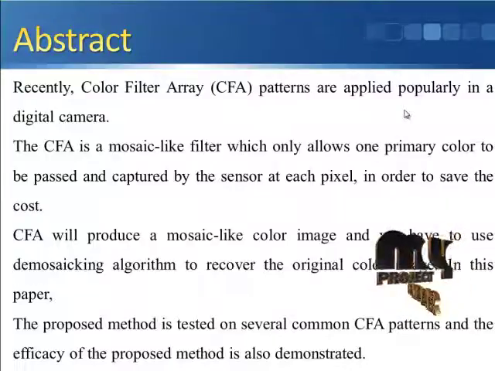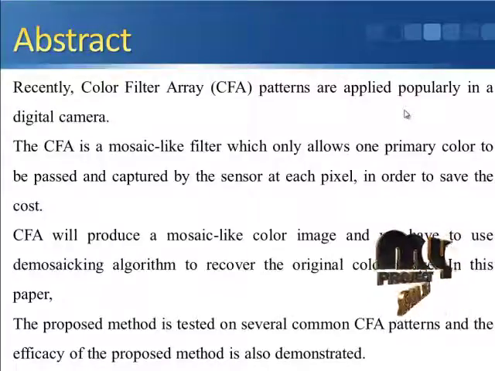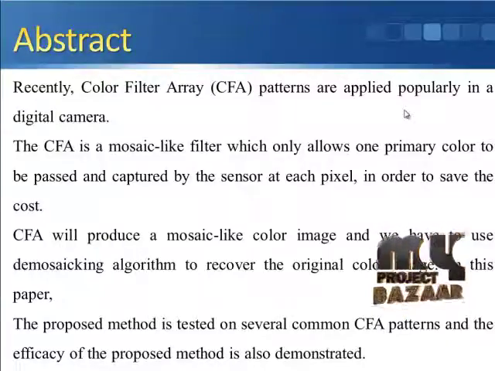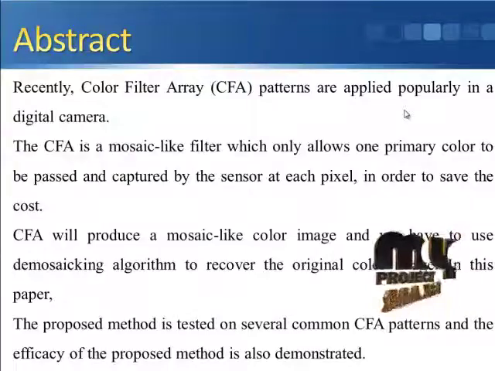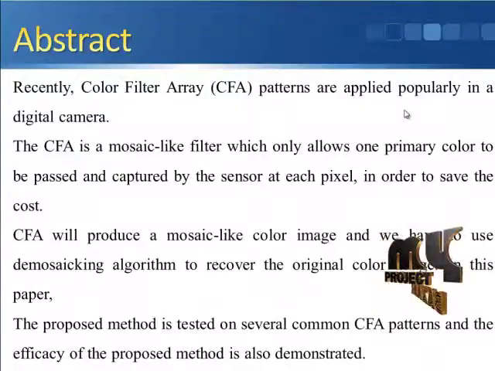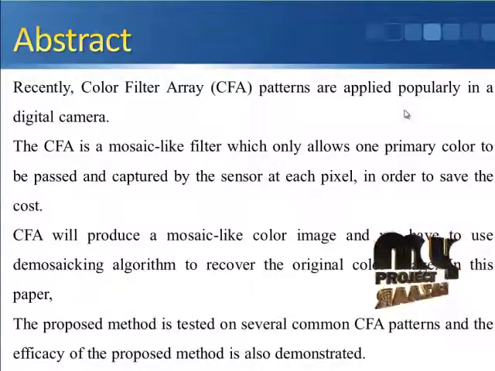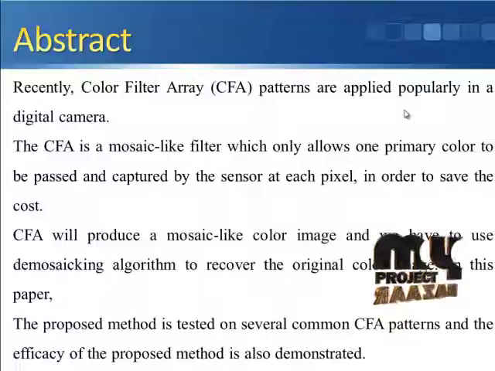The sensor is covered with a color filter array, that is CFA, which causes each pixel in the camera to capture only one color channel. This is because only one color element is available in each pixel, and the 2 missing colors must be estimated from the adjacent pixels. This process is called interpolation or CFA demosaicing.